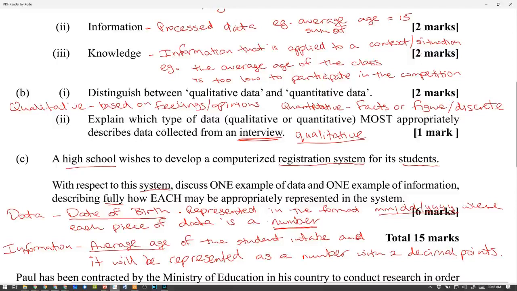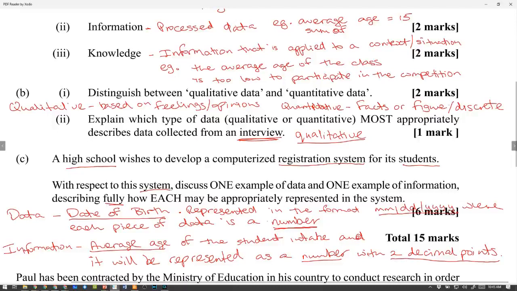So average age, it's clearly going to be represented by a number, and you say how it's going to be formatted with 2 decimal points. So basically we're trying to show how it's going to be formatted, represented. You might even put it in a table, or in a graph or something.